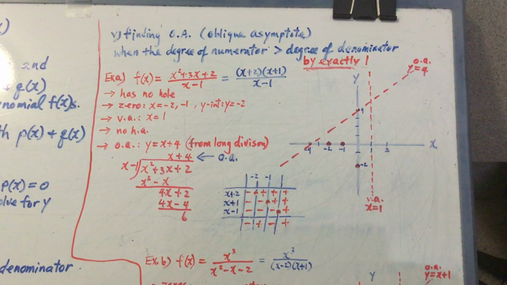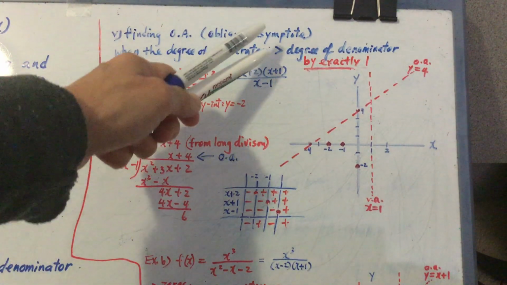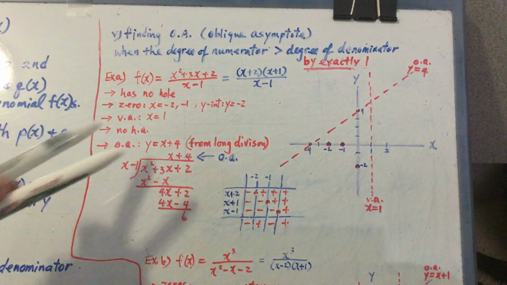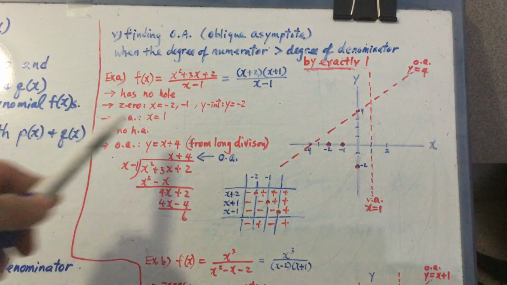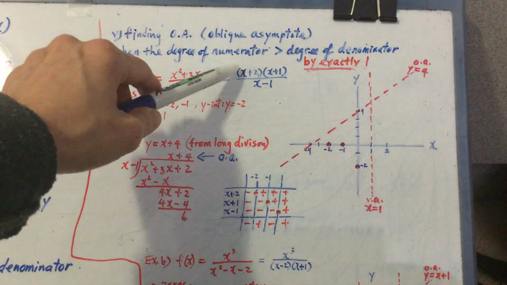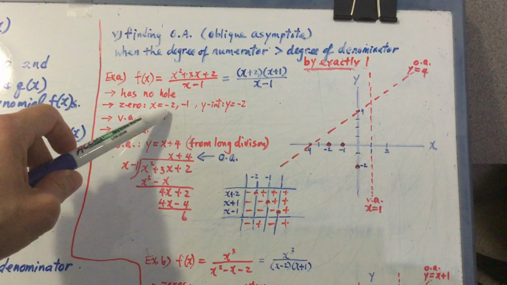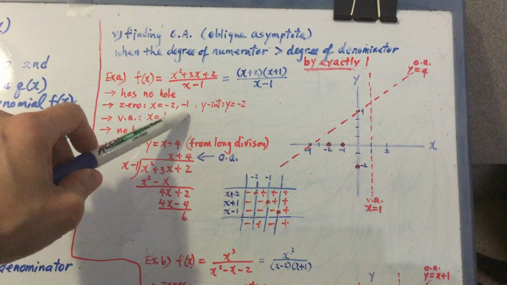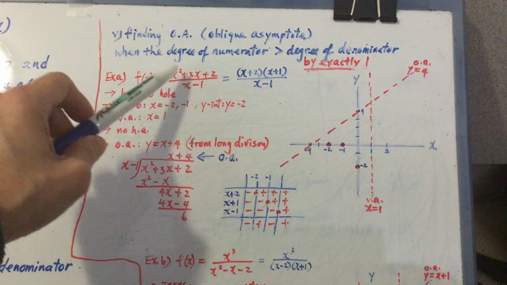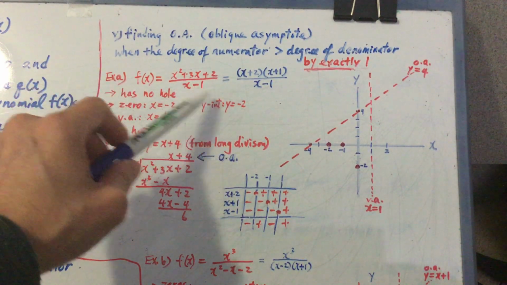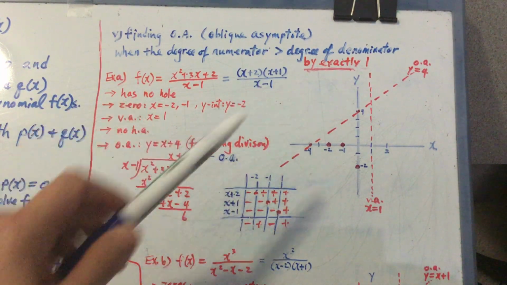You see that there are no common factors, so there's no hole. The zeros are what make x plus 2 and x plus 1 turn into 0, so I get zeros at negative 2 and negative 1. And the y-intercept, when you set x equal to 0, you get negative 2 over 1, which is negative 2.